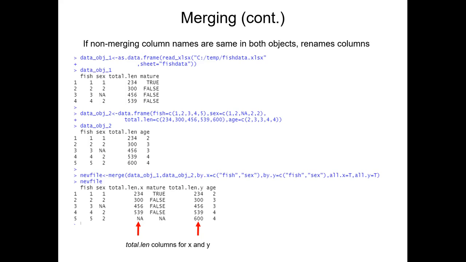And again, we have the ages here. If you only specify fish and sex as the merging columns, look what happens down below. Because they're not merging columns but the names are the same, it creates 2 separate columns, one for the first data object specified as X, and one for the second data object specified as Y. So you have to be careful that way too.